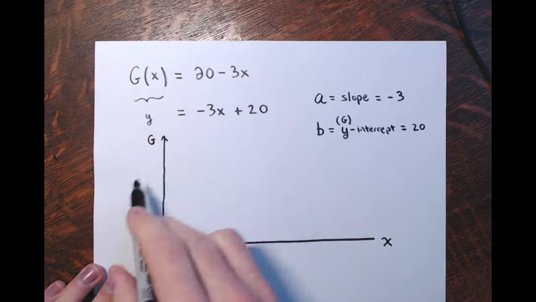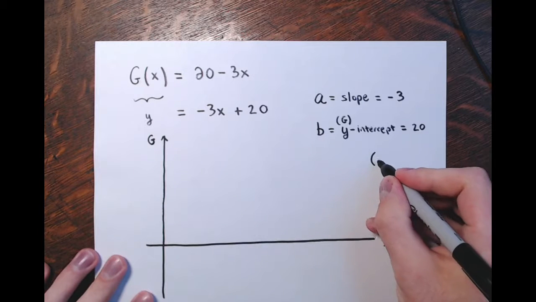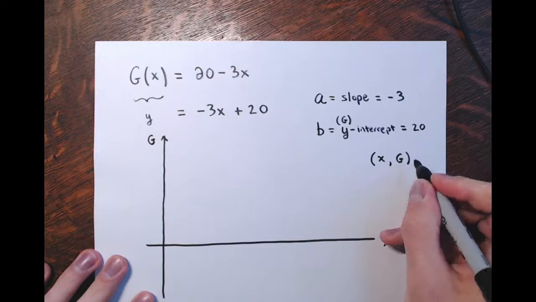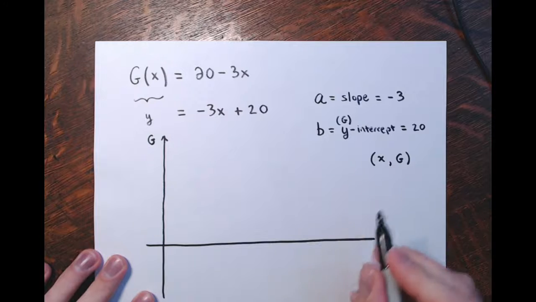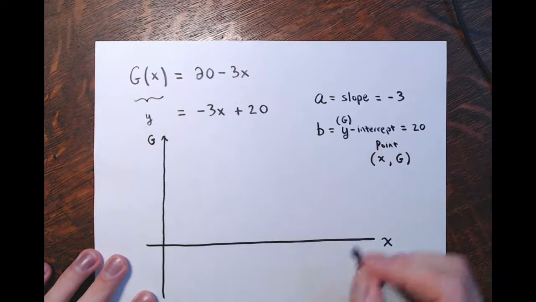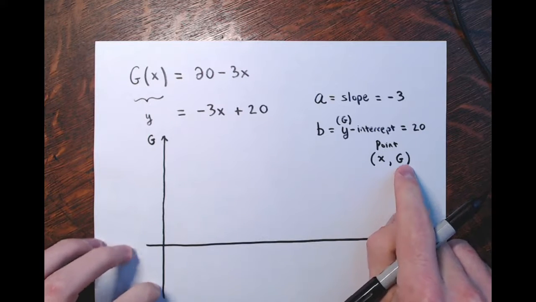And every point on the plane represents an ordered pair. The ordered pairs here will be an x value, comma, and then a value of growth: the number of minutes of shade, comma, the growth in centimeters. So each point will take on this form. Again, usually it's independent variable, comma, dependent variable.